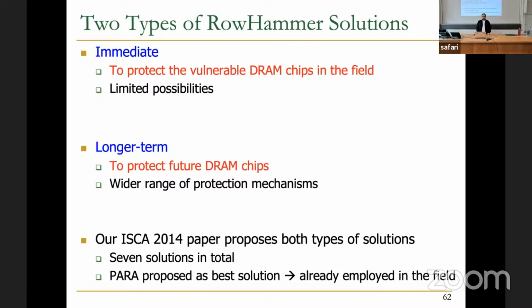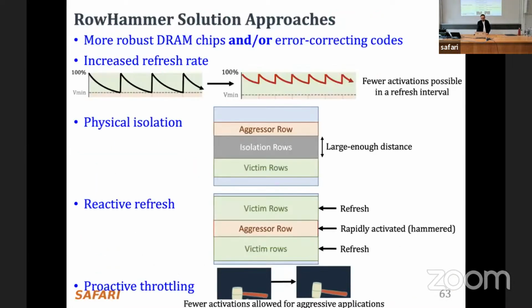In the longer term, we focus on improving our hardware inside the DRAM chip and inside the processor. So it has a wider range of protection mechanisms, but it's not immediately applicable to the chips in the field. And the ISCA 14 paper proposes 7 solutions that I will cover.